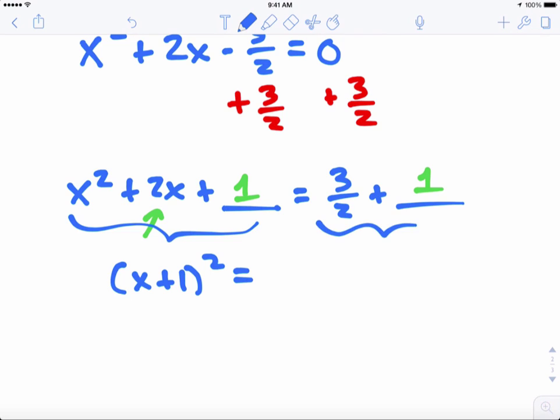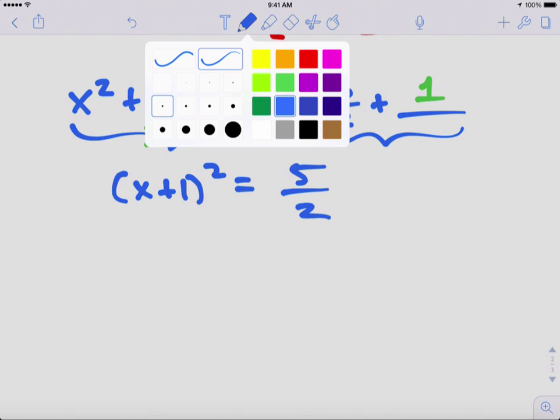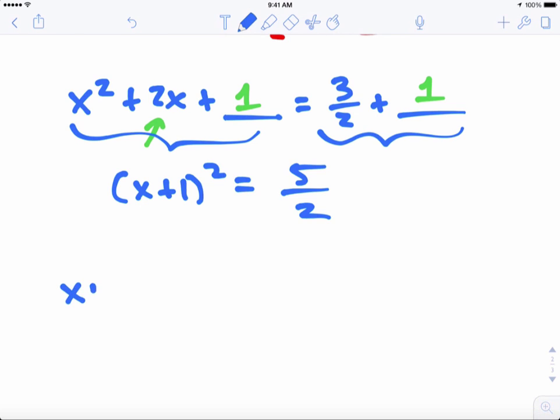The right-hand side, definitely best to write this as an improper fraction, definitely not so great to write it as a mixed number. So I think this is going to be 5 halves. All right, from there, we're ready to rock. Let's take the square root of both sides, or we can just say x plus 1 could be one of two things.